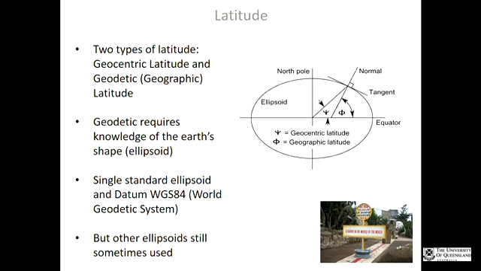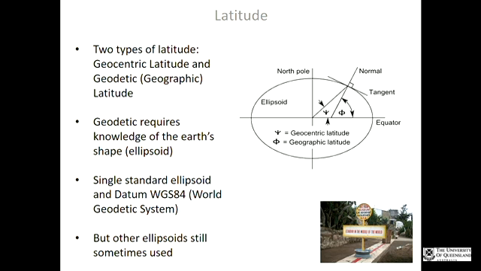What does the geodetic latitude do, which is the measure of latitude that we usually use? You draw a tangent. This is the tangent that makes a right angle with the surface of the Earth, and then you draw a line at that right angle through the tangent down to the equator, and then measure the angle.